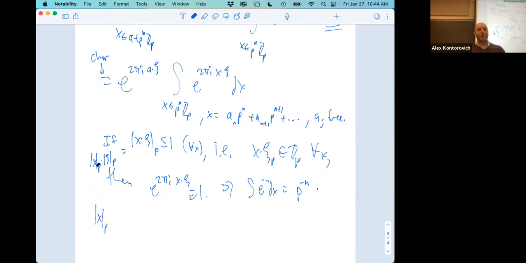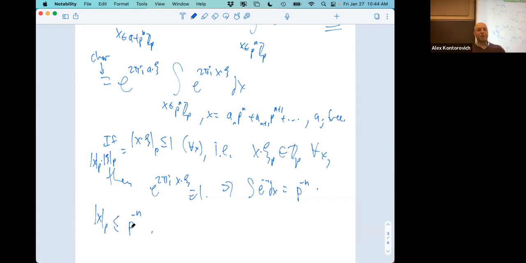What's a lower bound? x can go to 0, so it has to be small.